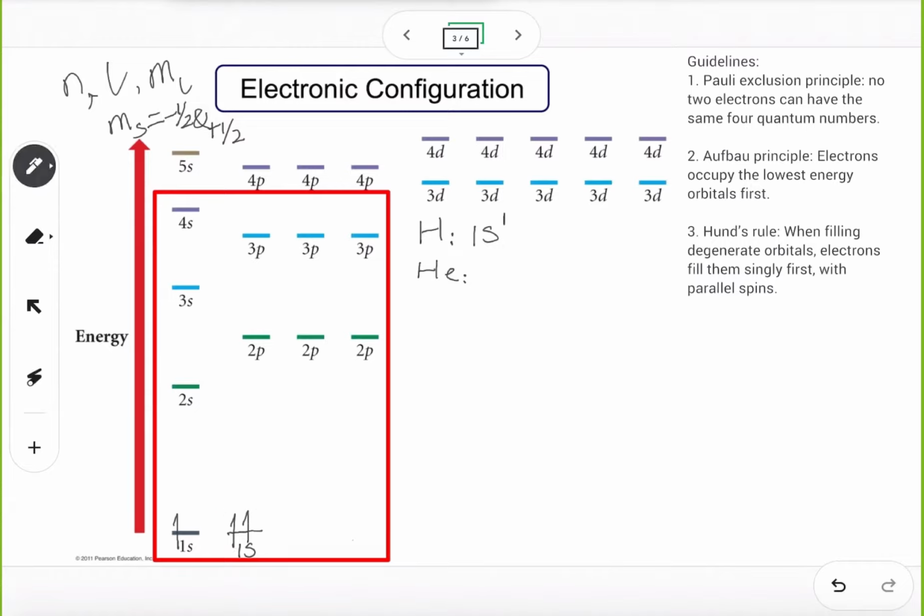The second option is you put the second electron on the 1s orbital with the opposite direction. Which one is right?